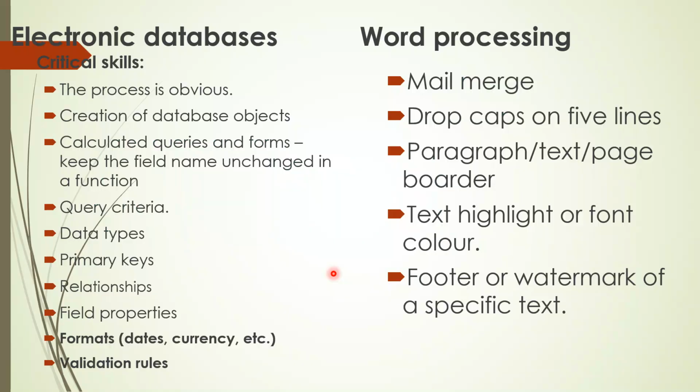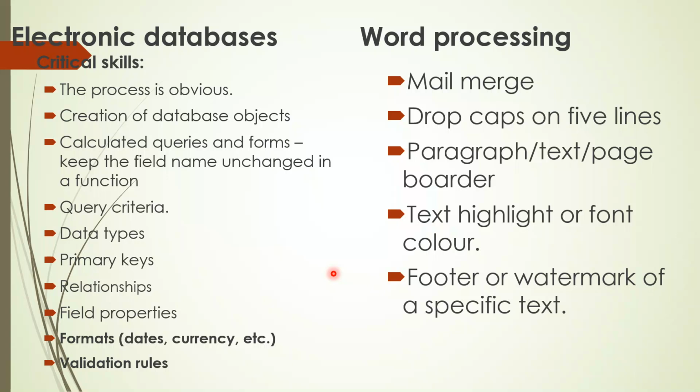Then here, electronic database. When it comes to databases, we are looking at a critical skill. The process is obvious. You have to create those database objects. You have to do calculated queries, calculated forms. You have to do different query criteria.